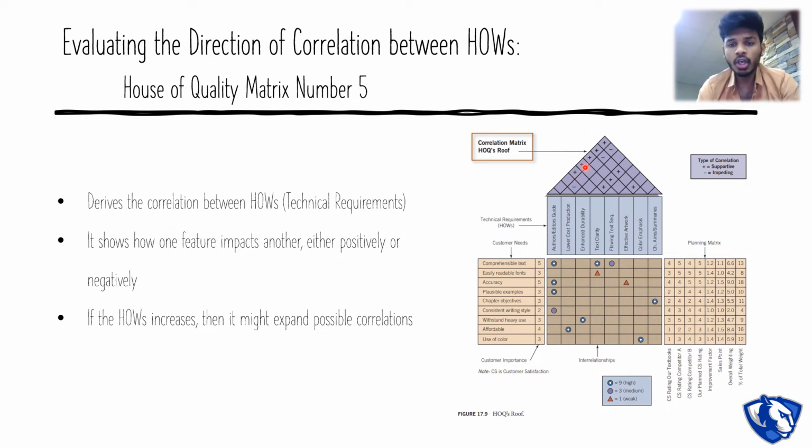So for this particular need, this roof, we have to pay more attention. We need to check all the testing and benchmarking so that it will be perfect in order to develop a good quality product. And one more thing to keep in mind is if the technical requirements increase, there will be more possible correlations. So this is all about the direction of correlation.